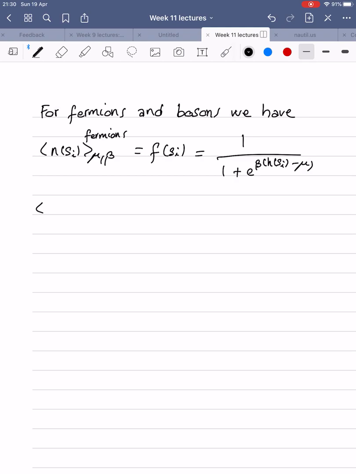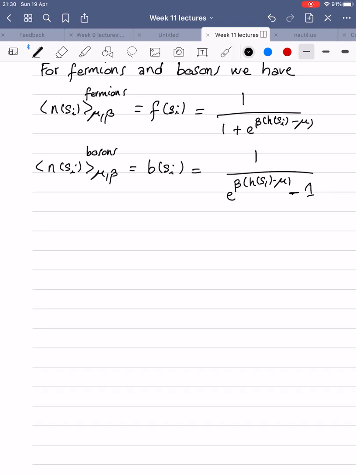And then the same quantity for bosons is equal to B_{s_i}, which is 1 over exponential β(h(s_i) − μ) minus 1. Okay?